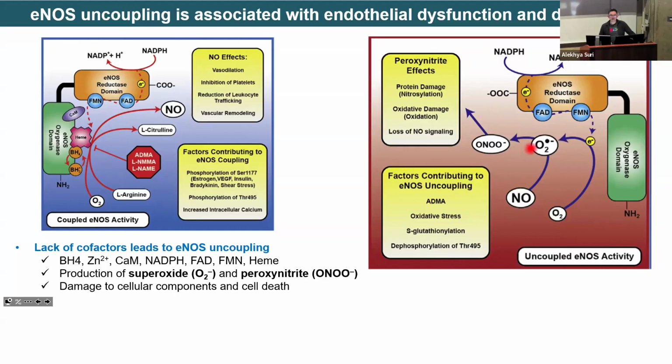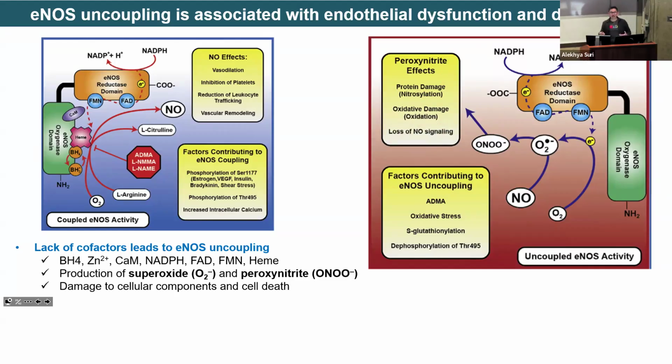When a molecule of superoxide encounters a random molecule of nitric oxide, what you get is the formation of a really toxic molecule called peroxynitrite. And peroxynitrite really causes protein damage. It causes protein nitration, and basically it serves as a sink for nitric oxide.